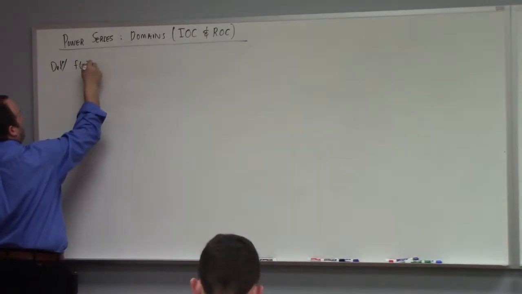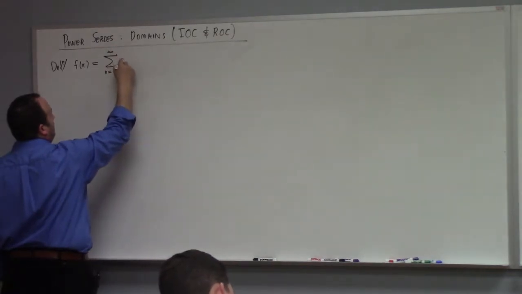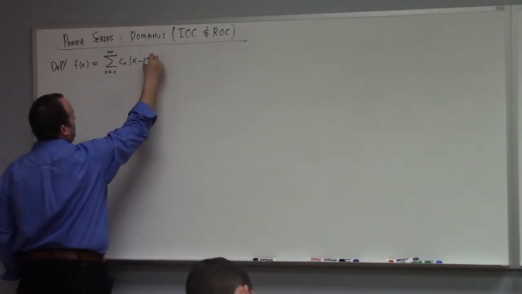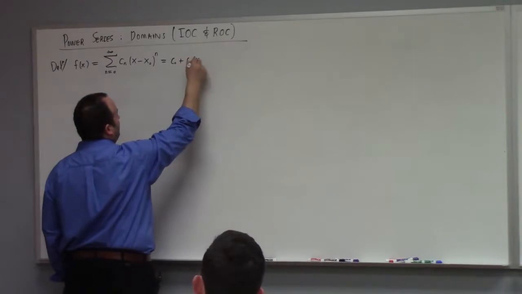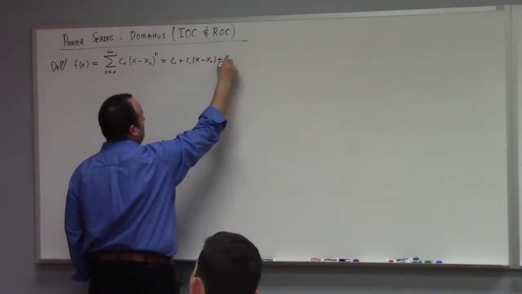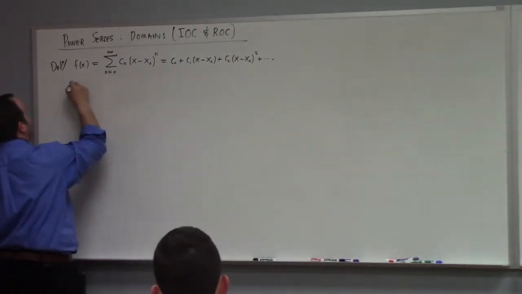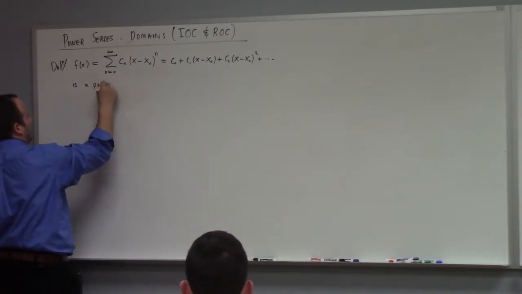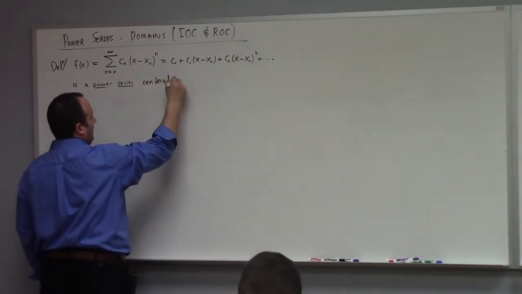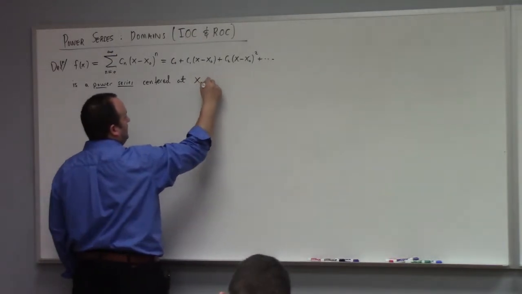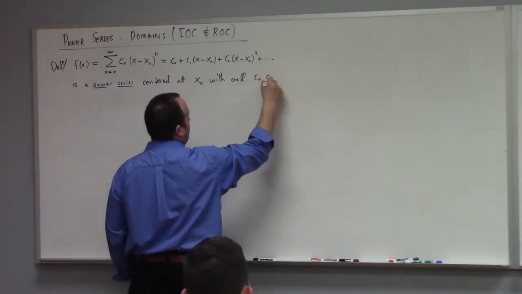f of x equals the sum n equals 0 to infinity of Cn times (x minus x naught) to the power n, all right, which, by the way, is C0 plus C1 times (x minus x naught) plus C2 times (x minus x naught) squared, and so on. This is a power series centered at x naught with coefficients C0, C1, C2, and so forth.